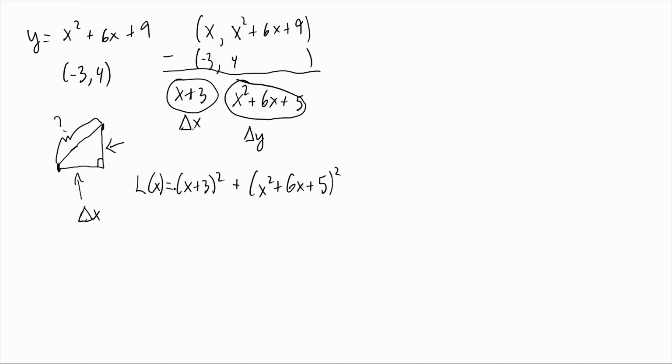So if we take L prime of x, think power rule: the derivative of the inside is just 1, so that's nice. So just 2 times x plus 3, times the derivative of the inside, which is just 1. And over here we have, again, power rule, 2 times x squared plus 6x plus 5, times the derivative of the inside, which is 2x plus 6.